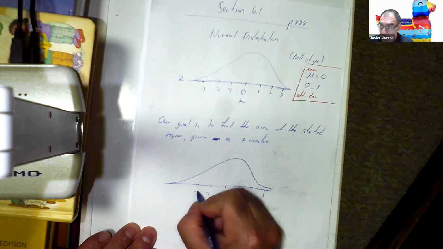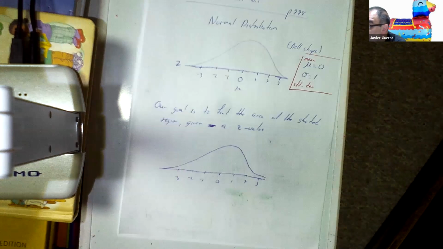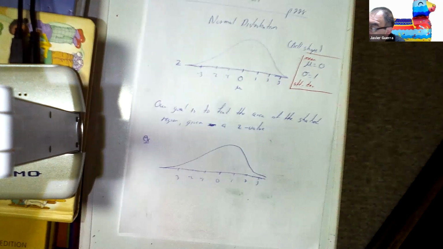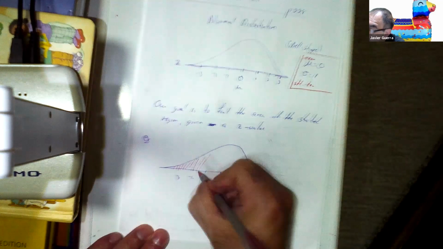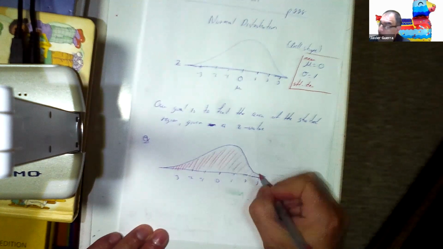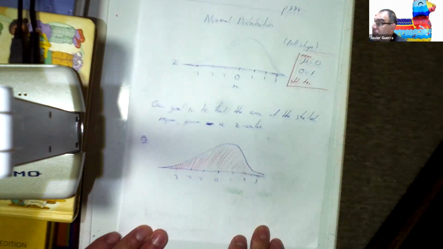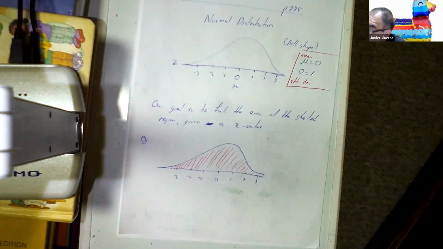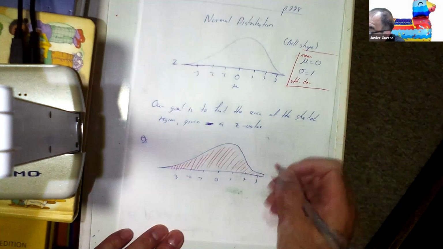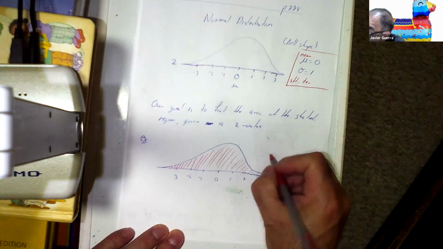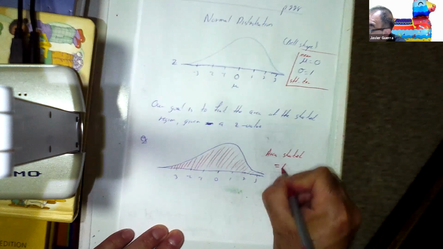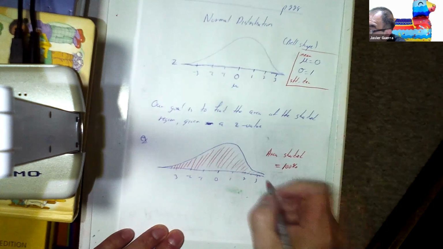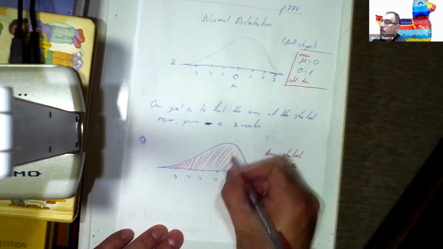So if we were to shade the whole entire graph, the area is 100%, because it's completely covered up.